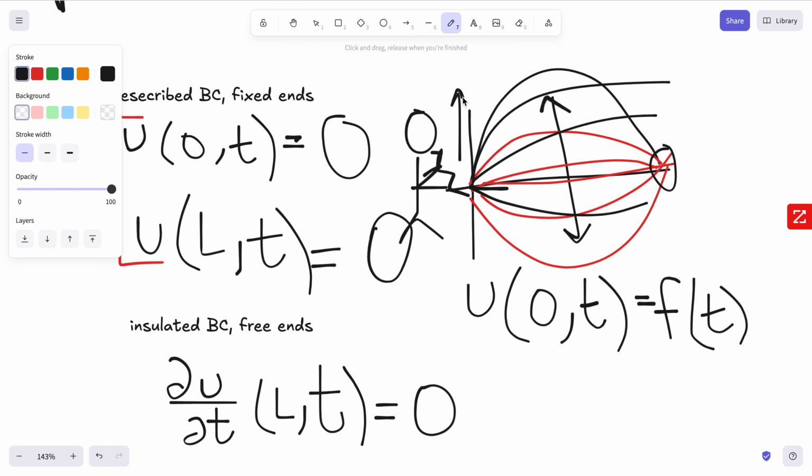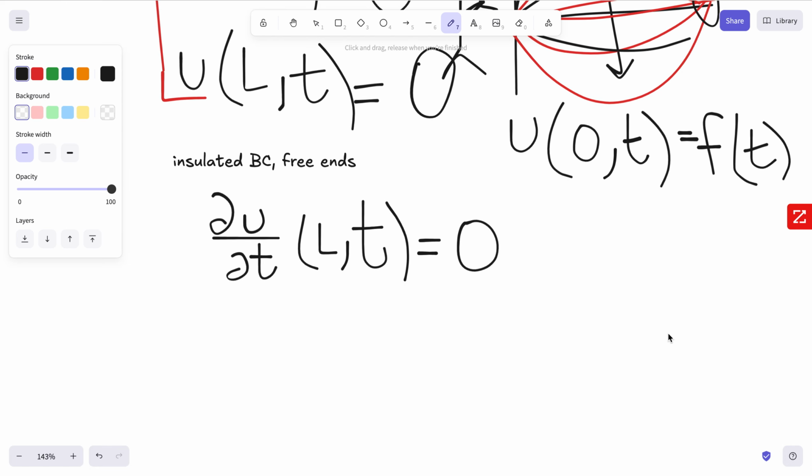And then finally, also pretty similar to the heat equation, we can have our boundary condition be described by a dynamical system.